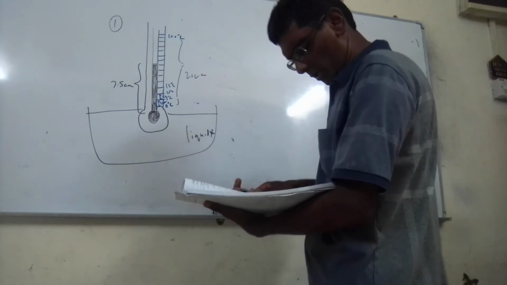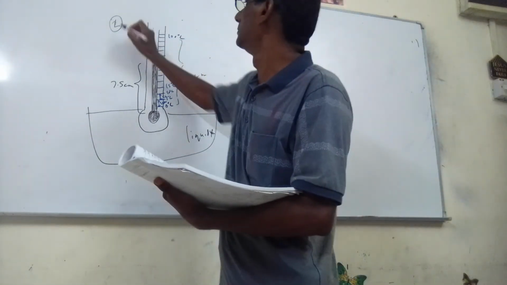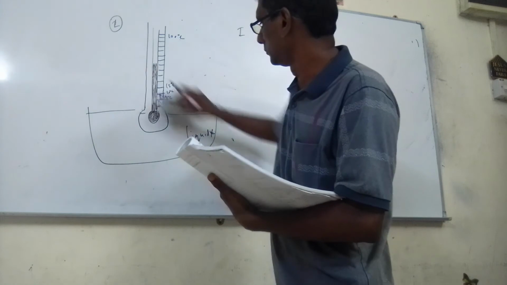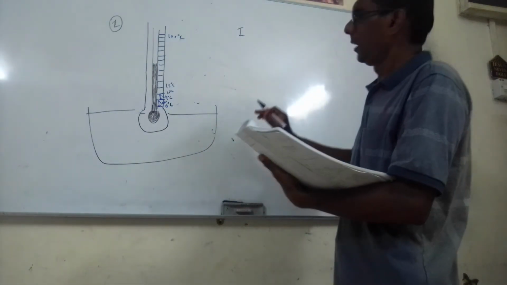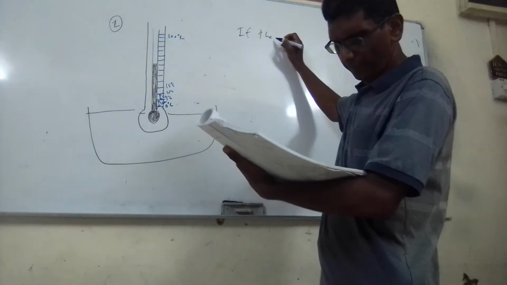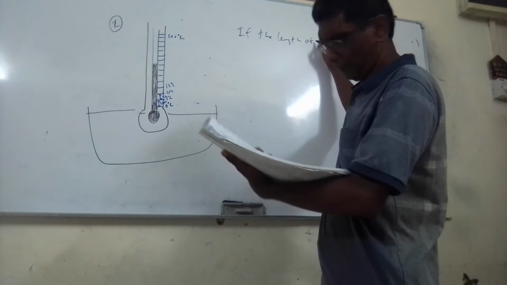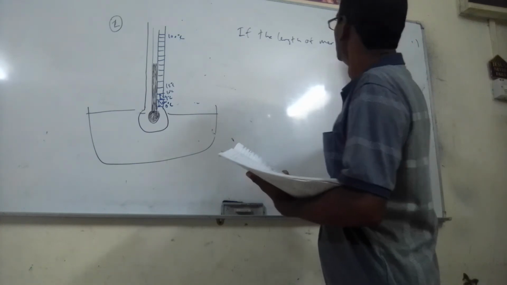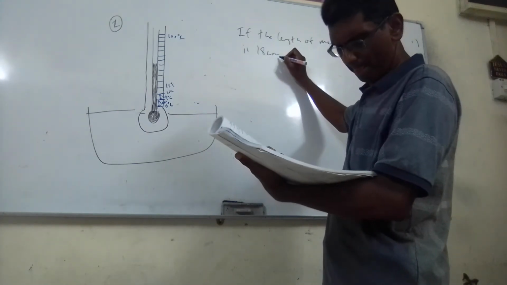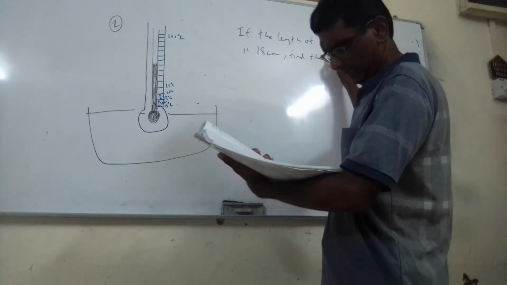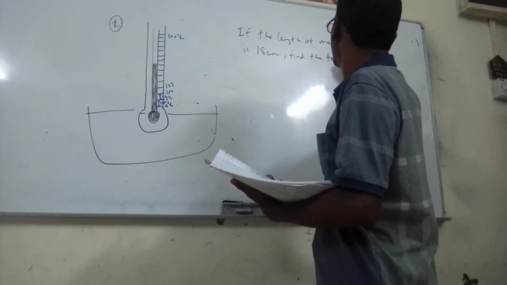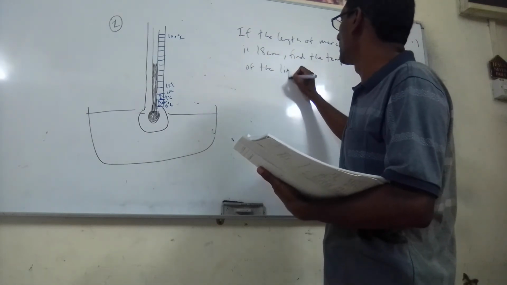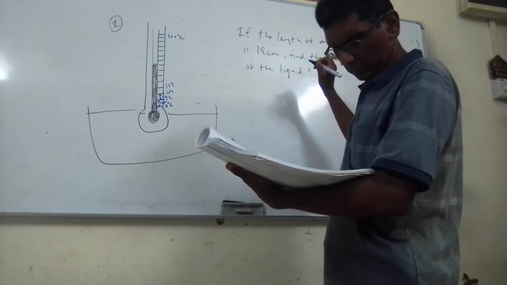If the length of the mercury column is 18 cm, find the temperature of the liquid.